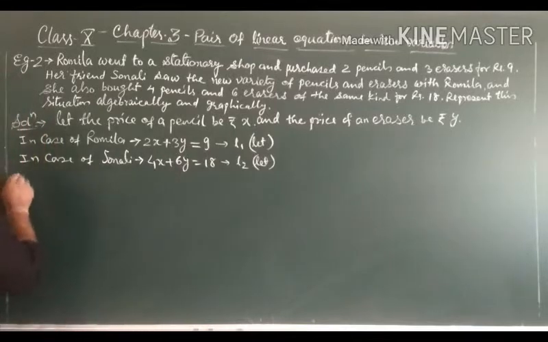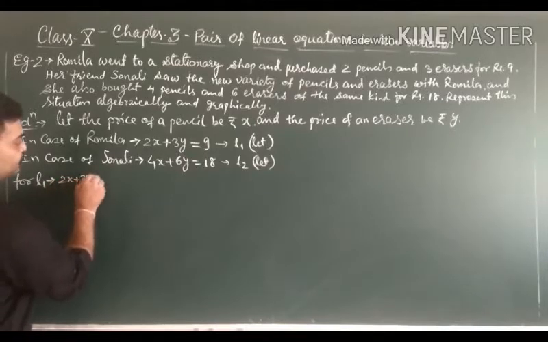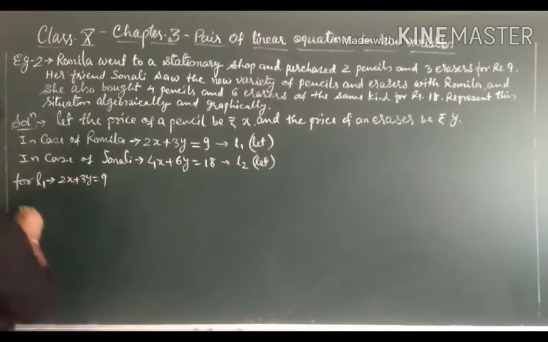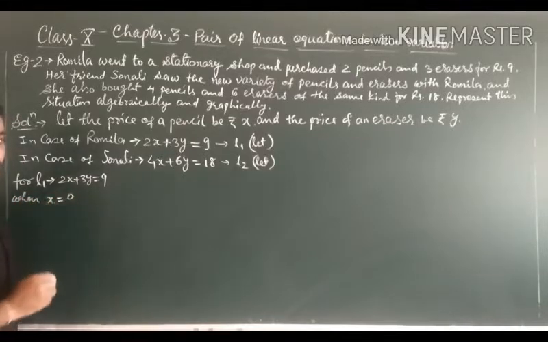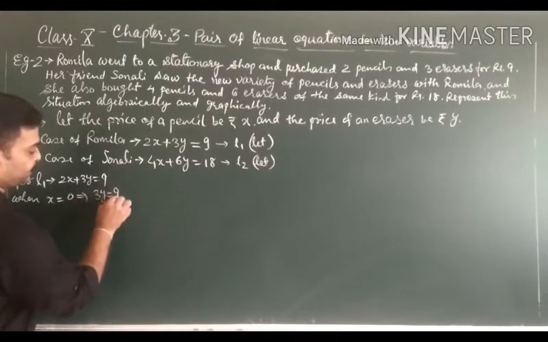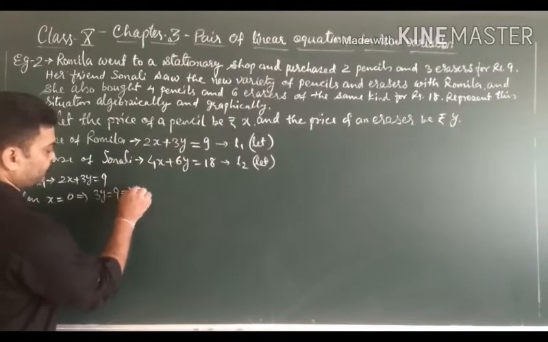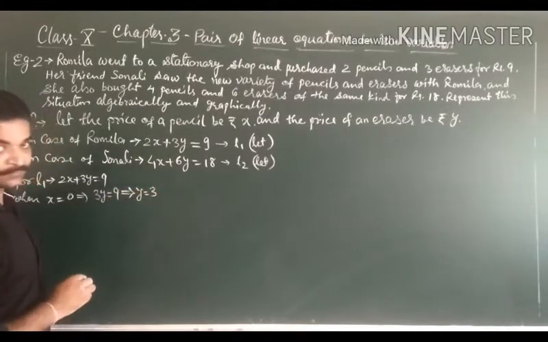So for L1, 2x plus 3y is equal to 9. When x is equal to 0, we get 3y is equal to 9. This implies y is equal to 3.